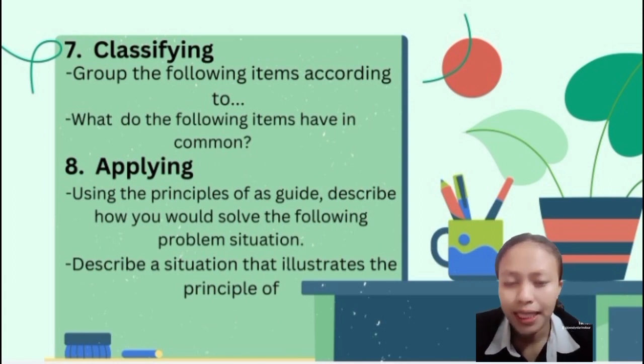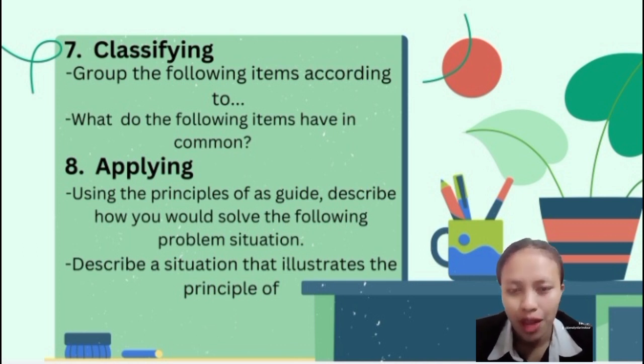Classifying, meaning the student will classify or group things and so on. Like for example, number 1, group the following items according to. Number 2, what do the following items have in common?